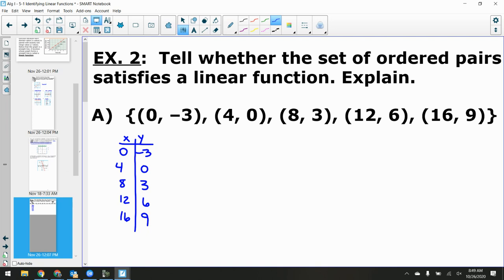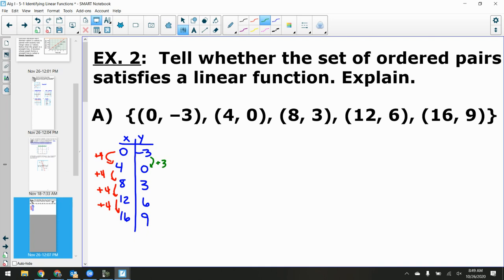Okay, now, how much am I changing in the x values? Up 4, right? Does that change ever in my table? Good. So I see a constant change in x. Let's check for the constant change in y.